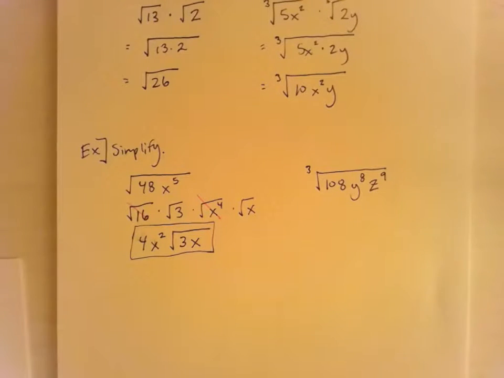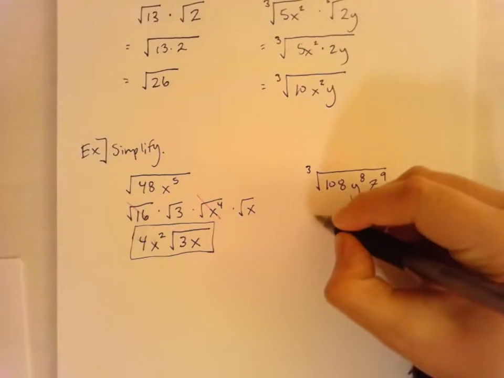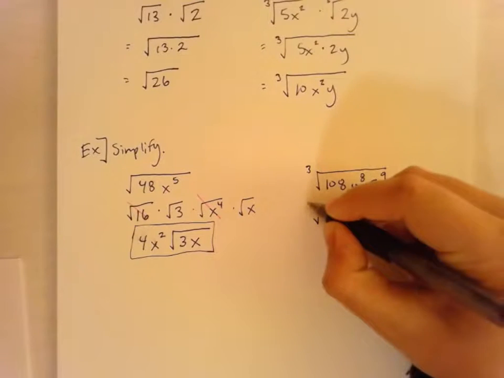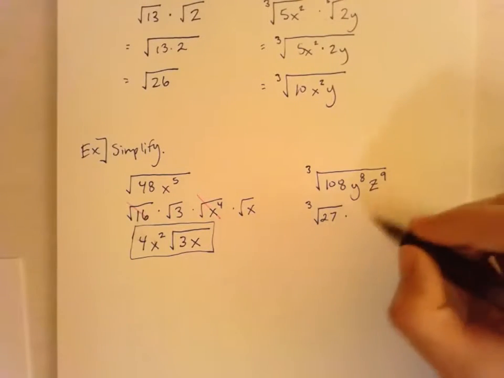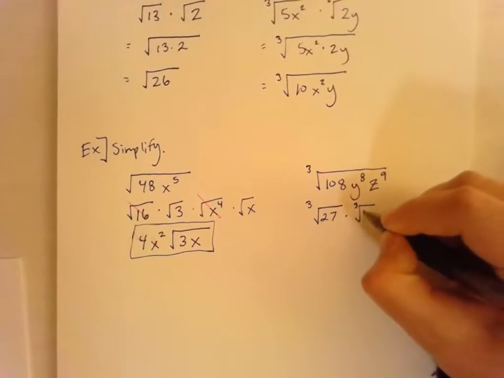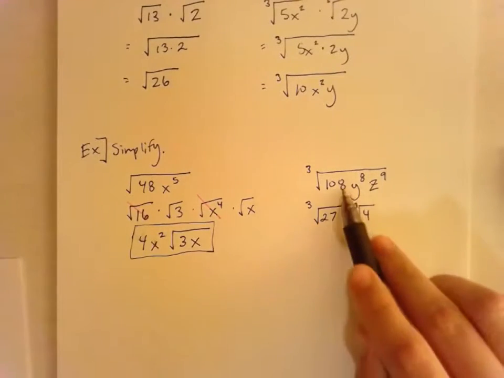I'm going to be looking for perfect cubes because I'm dealing with a cube root here. So what I can break 108 into is a perfect cube of 27. So I'm going to say the cube root of 27 times cube root of 4, because 27 times 4 is 108.